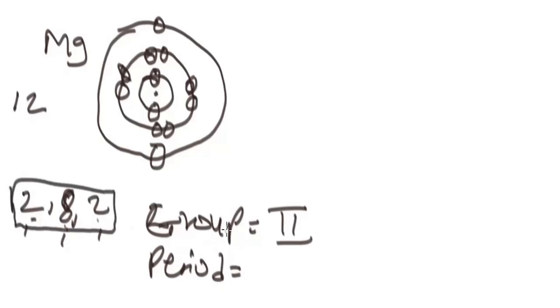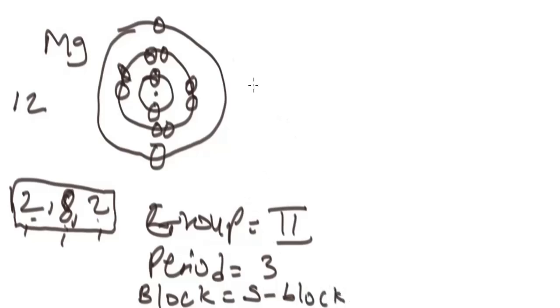That means magnesium belongs to period 3. So this is how you can decode the group and period, whereas the block of magnesium is the S block.